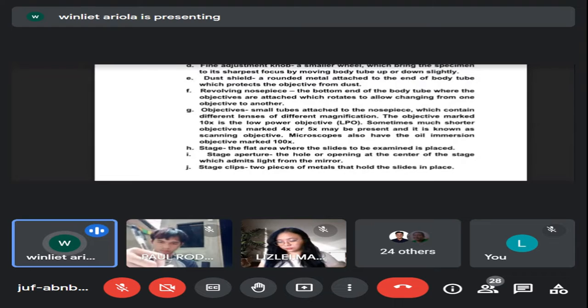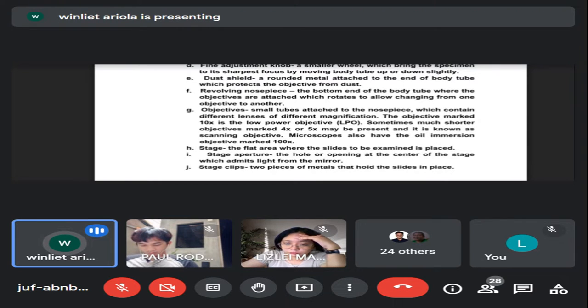Kung sino sa inyo ang nakakita na or nakahawak na talaga ng microscope, as you can see, ang nagkakaroon lang ng dust is only the objectives, na is only the lenses na nasa objectives, no? Nasa scanner, nasa LPO, and nasa HPO. Yung nasa taas, nasa ocular lens, surface niya lang yung nagkakadust. But yung nasa loob, no?